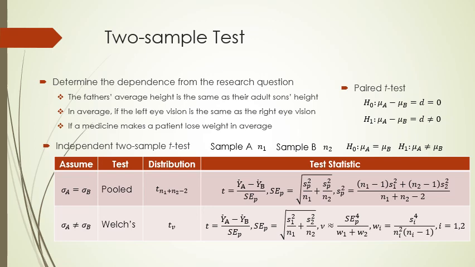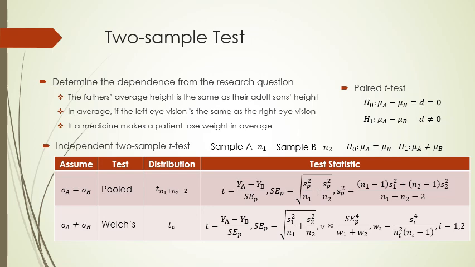The null hypothesis is mu A is equal to mu B, and the alternative hypothesis is mu A is not equal to mu B. When we assume that the two population variances are equal, we have a pooled two-sample test. Under these assumptions, the null distribution is a t-distribution with n1 plus n2 minus 2 degrees of freedom.